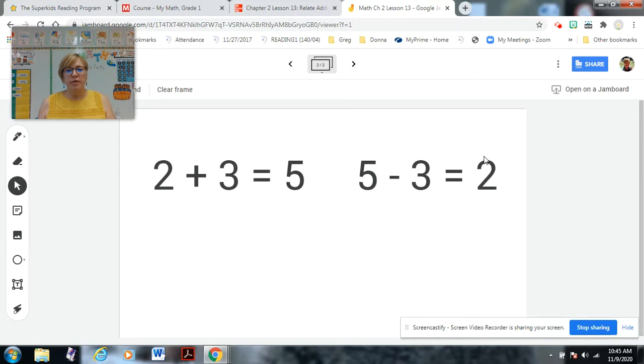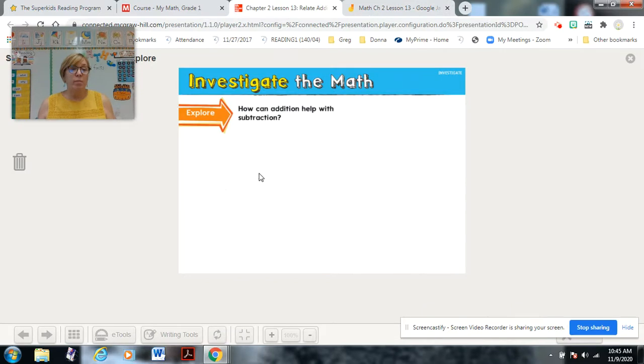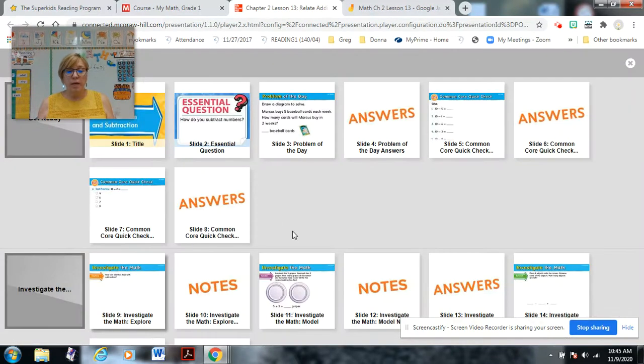If I didn't know the answer in my head or it wasn't written here, I would know it would be 2 because the 3 and the 5 are already being used in my math sentence. So that's one way it can help me figure out my answer. Certainly one way it can help us.